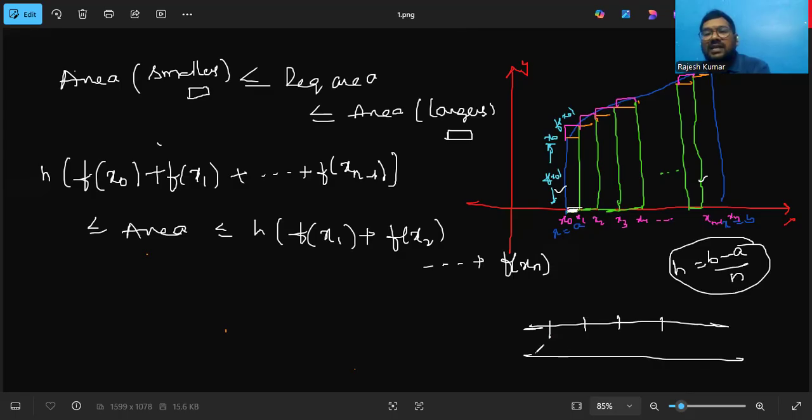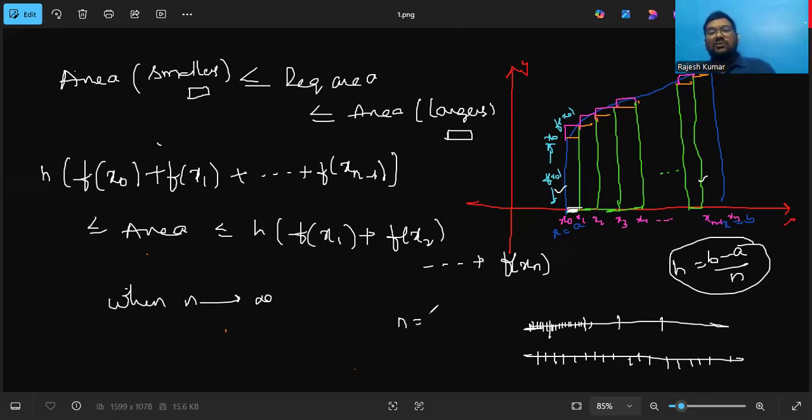If I divide this entire part into 20, you can see the width is decreasing. If I divide the entire length into 1000 parts, the width is very much decreased. Indirectly I'm saying, when n tends to infinity, what can you say?